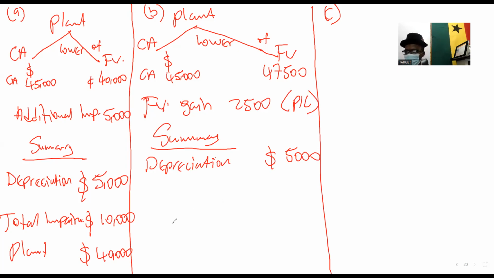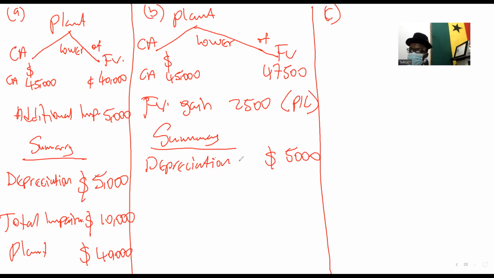So we have to record. No, we cannot credit OCI. We will credit P&L because it is reversing the previous impairment that they have charged on the same asset. So it is reducing it. You get it? Good.